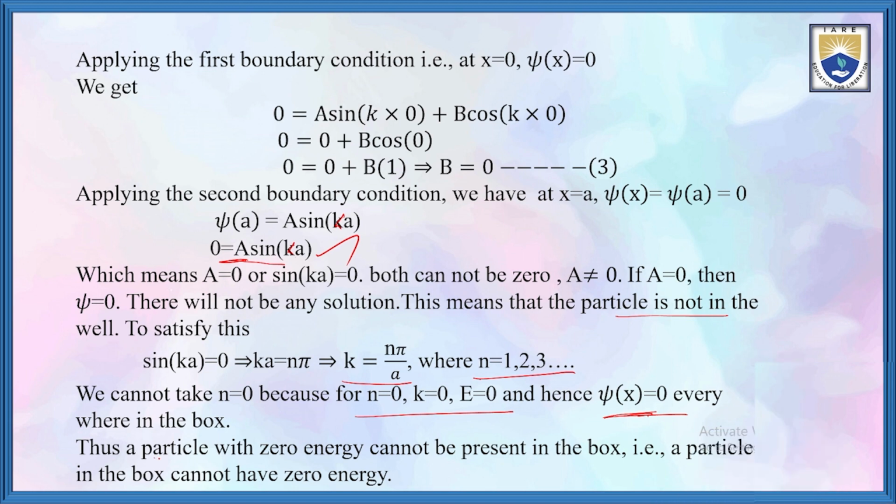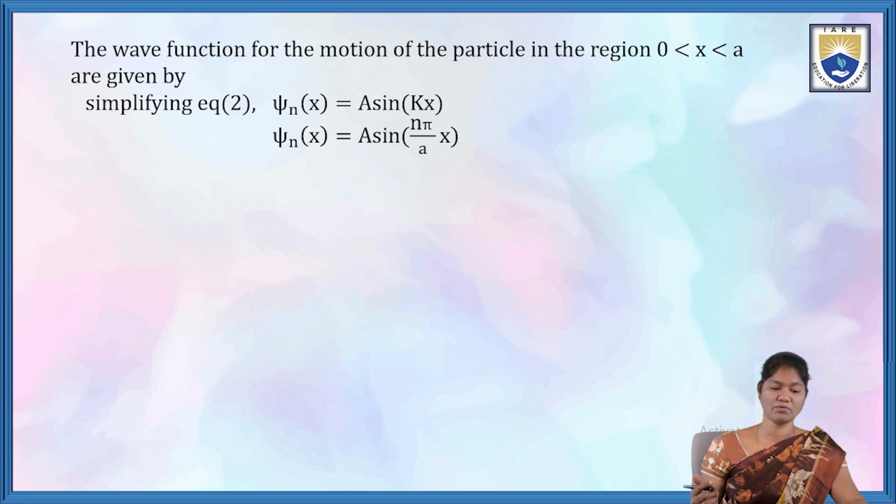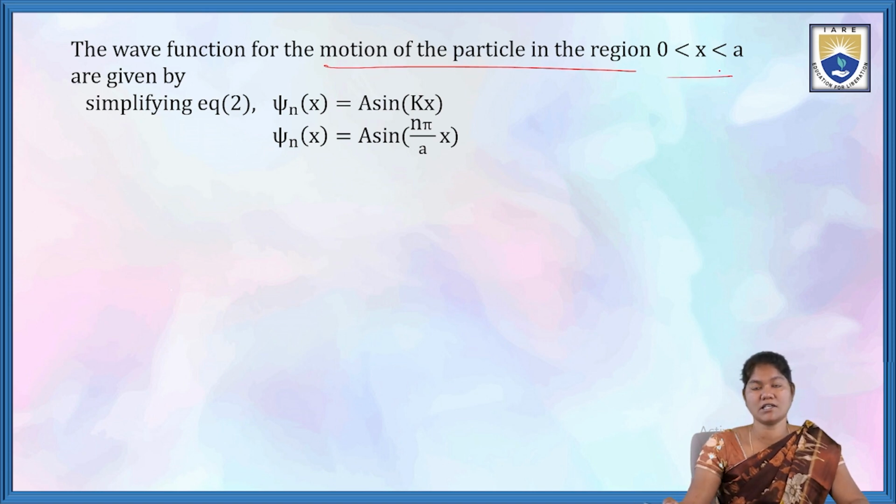That is, a particle in the box cannot have zero energy. So finally we got the wave function for the motion of the particle inside the potential box region 0 less than x less than a.